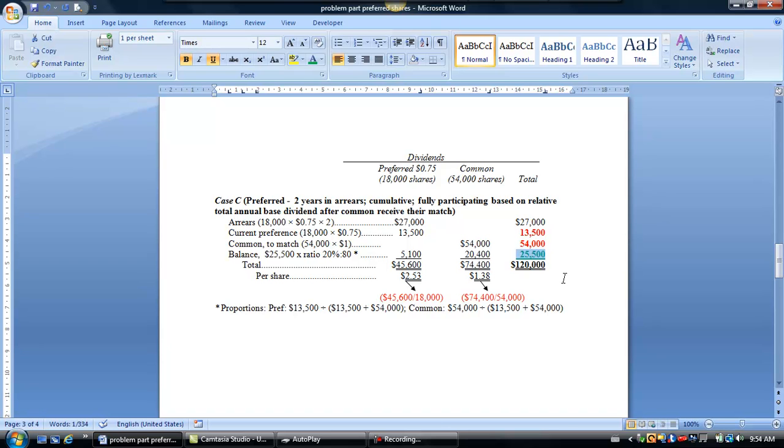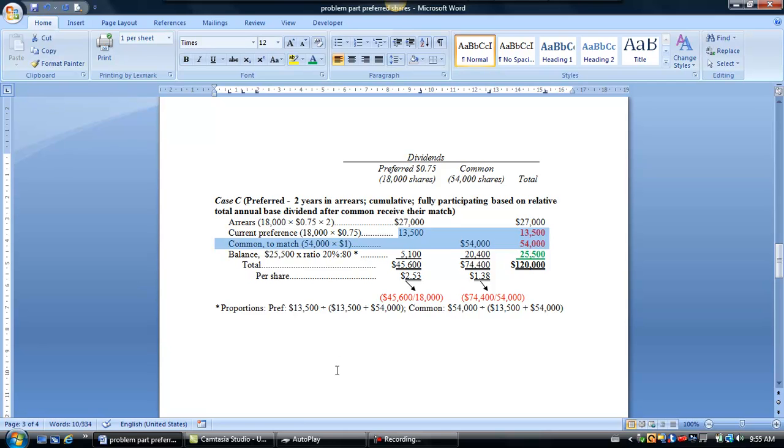But don't forget, their participation is full, but it's based on the relative total annual base dividend, and the annual base dividend does not include arrearages. It only includes the current year, which is why I highlighted these guys in red. So this 25,500 is going to be allocated on the proportion of total current year dividends for each share type, preferred and common.